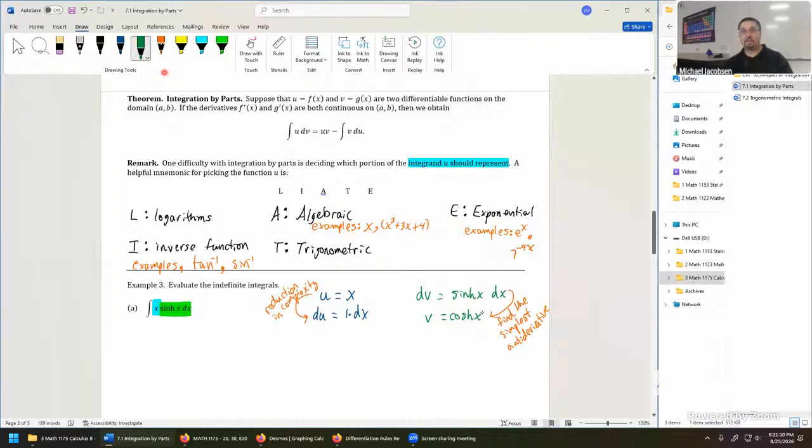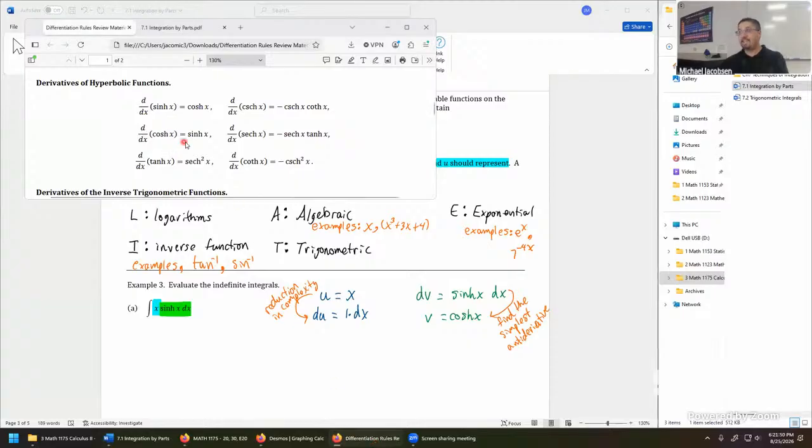It's a good idea to double check, just like with any antiderivative you form. You can double check you have the right function by forming the differential and seeing if this line's correct. So the differential of v equals hyperbolic cosine would be dv. The derivative of hyperbolic cosine is amazing. It's positive hyperbolic sine, not negative. So we're on the right track. And then just hit it with the dx to form the complete differential.